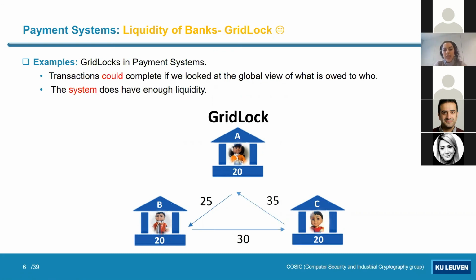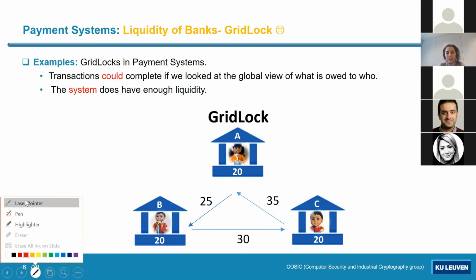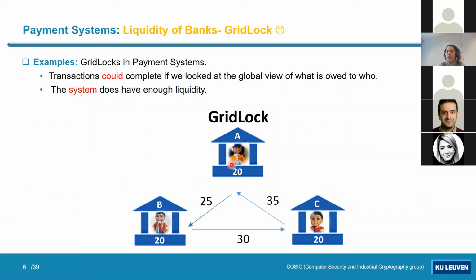In the next case, we have gridlock. What does it mean? You can see that in this case, parties do not have enough liquidity to do their transactions.